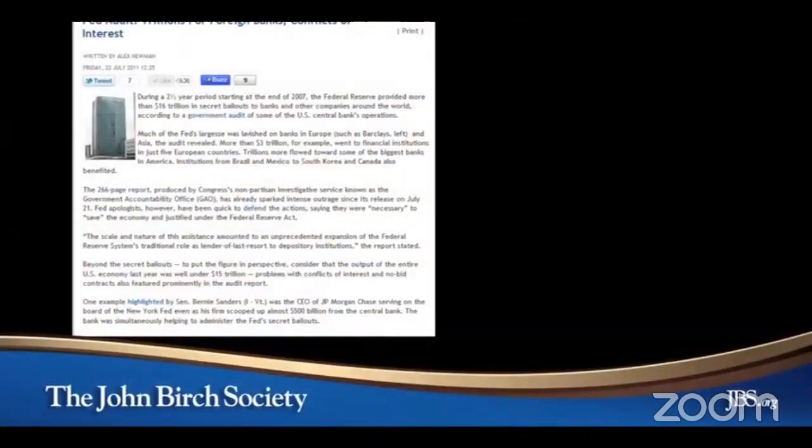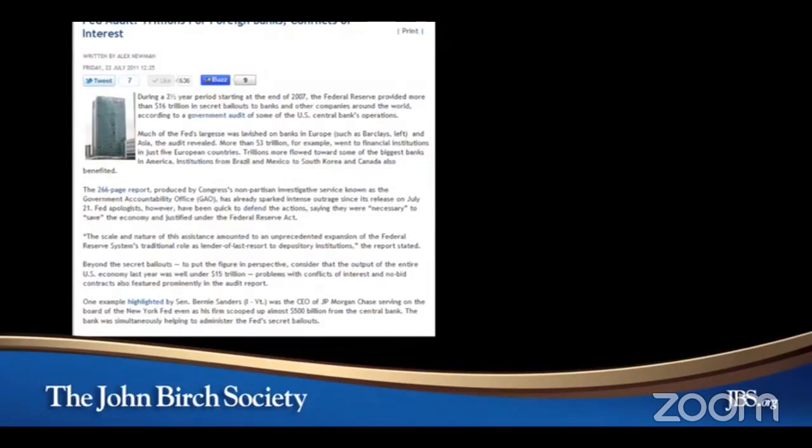Just a side note. Now, the next thing I want to point out, here's the article that came out on our magazine's website. The title is Fed Audit, Trillions for Foreign Banks, as we pointed out, and Conflicts of Interests. The conflicts of interest part they point to is, right here at the bottom it says, for example, the CEO of JP Morgan Chase, which on this previous slide received $391 billion, the CEO of JP Morgan Chase was on the Federal Reserve Board voting for it.